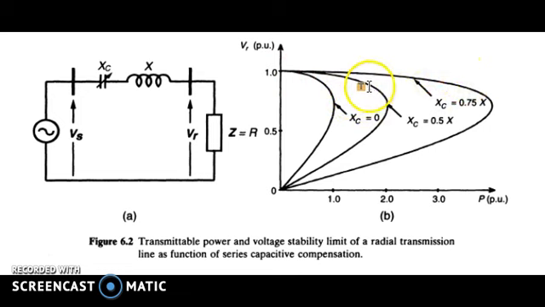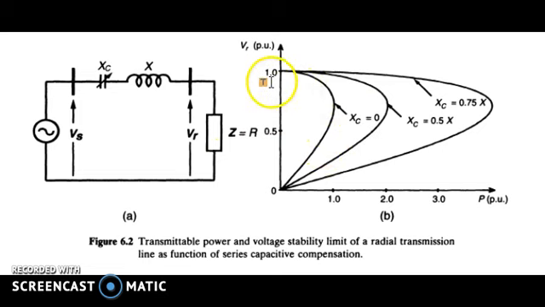The increase is not small, because these are per unit values. If the base is 1 megawatt, an increase of half per unit means 0.5 megawatts. That's not a small amount of power. So by using a series compensator, we are able to achieve such gigantic changes in the operation of our transmission line.